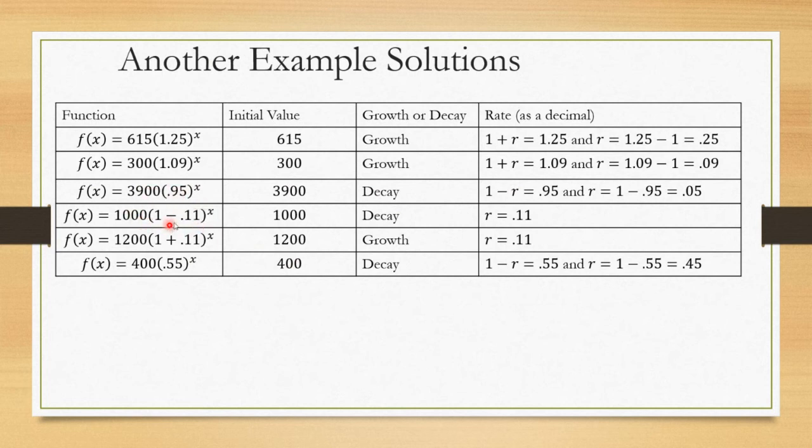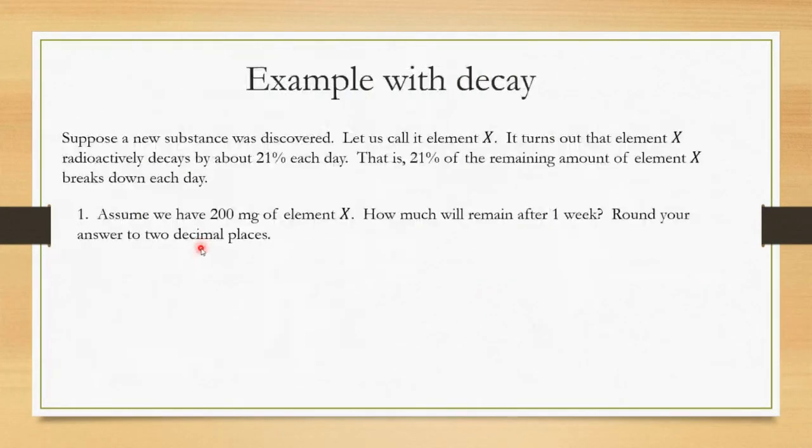No, here we already have 1 minus. That's why. Here we don't have that. Oh, that's why. Okay. Awesome question. So the number stays the same always? Exactly. Essentially because you want to figure out what that rate r is. But if it's 1 minus something, this something has to be r, or 1 plus something. Okay, thank you.